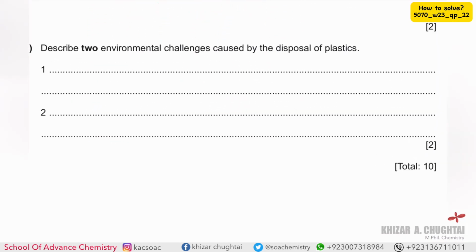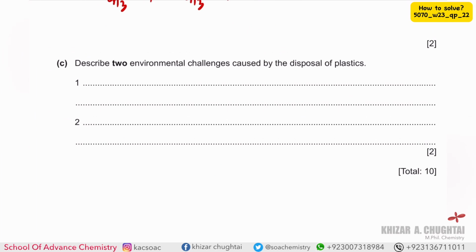C. Describe two environmental challenges caused by the disposal of plastic. Disposal of plastic makes harmful gases on burning, and in the ocean it can cause accumulation of plastic. It may also fill landfill sites.